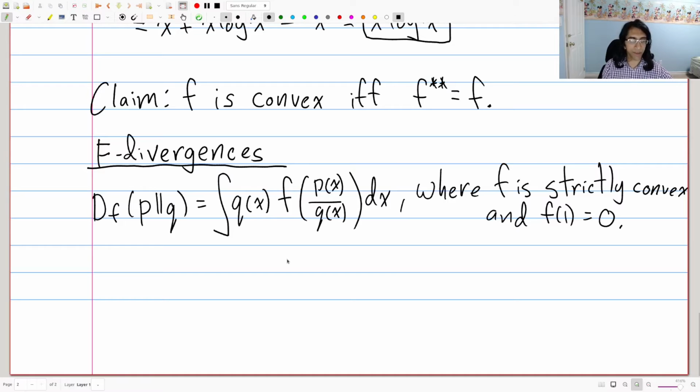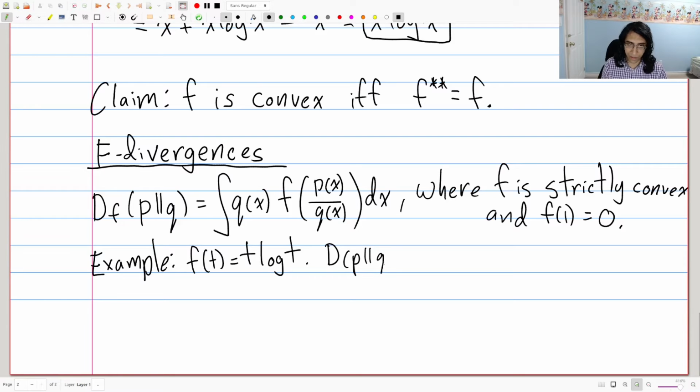But let me give you an example of an f divergence, which you've actually seen before. So say we're going to use the function f, let's say, f(t) is equal to t log t. Then we would have that the f divergence between p and q is going to be equal to the following. q(x), and then we just plug in this times log of that.